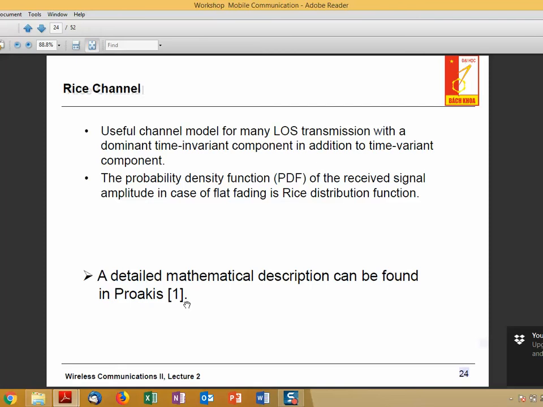The difference is only because there is the direct line-of-sight signal. So the distribution of the amplitude of the channel changes, and it follows the Rice distribution. It's actually easy to understand.